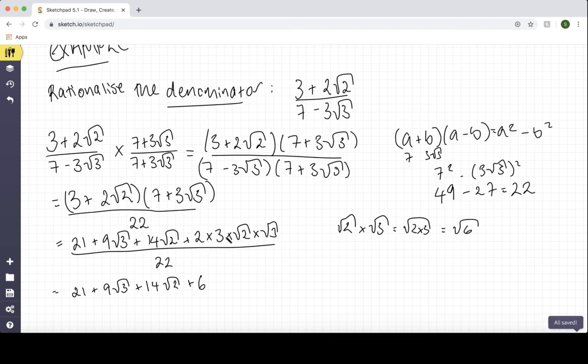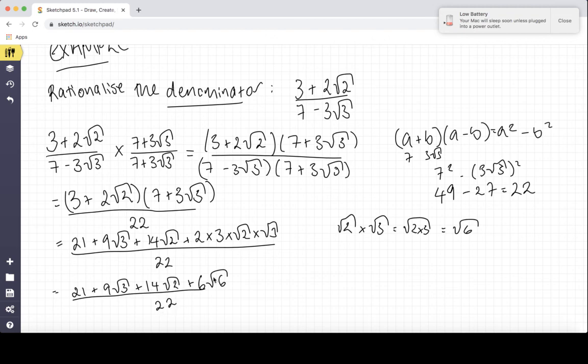So that's going to be 6 times the square root of 6, and that's over 22, and that's your answer. Okay, so it's a bit of a long one. I know the top looks all messy, but it doesn't really matter what the top is as long as your denominator is a rational number.